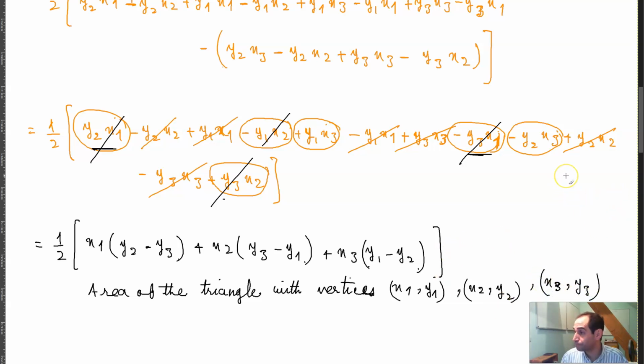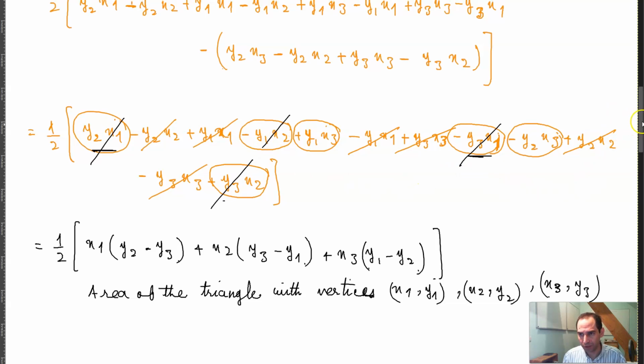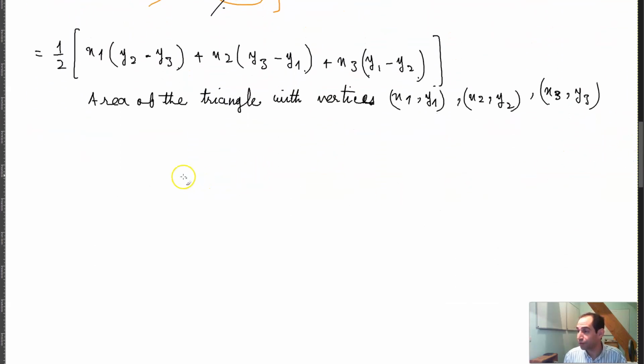So now what they have done is that they have written this formula in the form of a determinant. So they have basically this expression, and this expression can be written as follows.